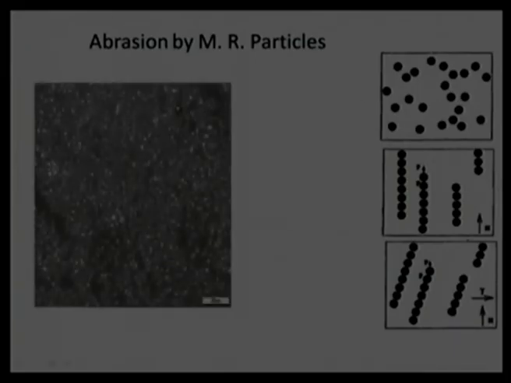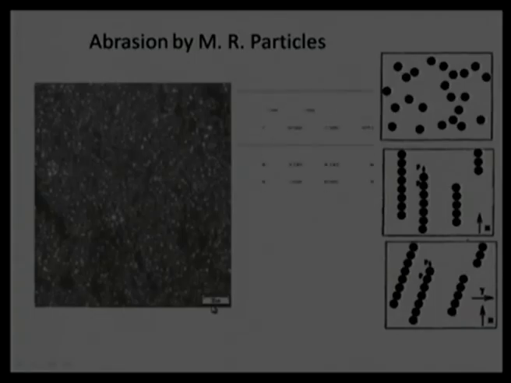I have one slide or image which says that 20 micron is the size, and these are the number of particles in the MR suspension. We know very well that these particles are much smaller than 20 micron.